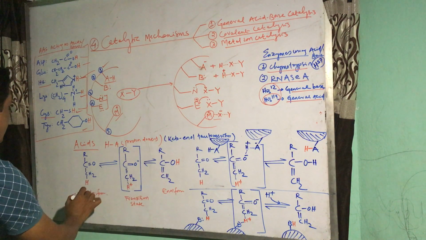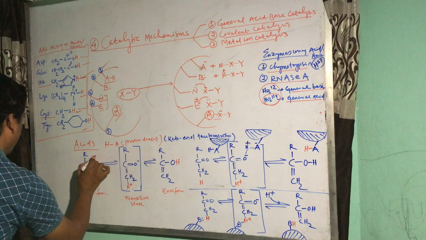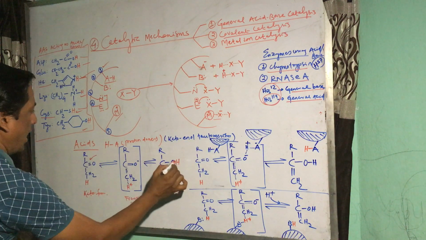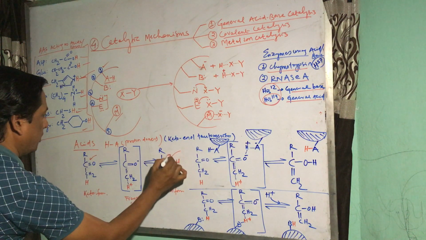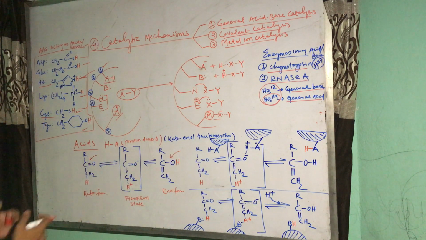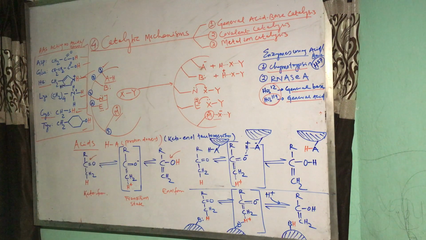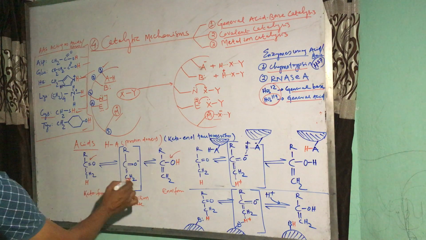For example, keto-enol tautomerism is a very common reaction employed by many metabolic pathways. This is the keto form, where we have the ketone group, and this is the enol form, where we have the alcohol group. This tautomerism is an isomerization reaction where we can see that this group is rearranged.